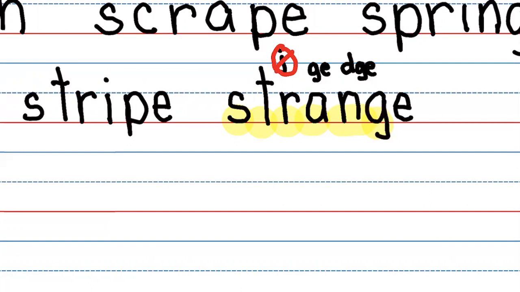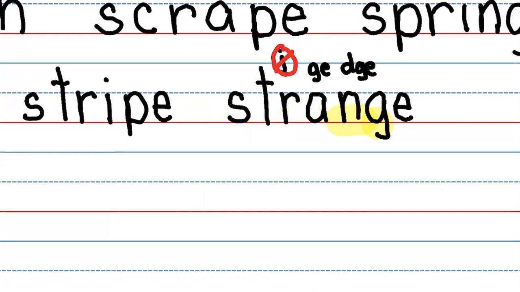GE to say strange. And this is somewhat of an unusual word because the E makes the G say J. It's actually also jumping over two consonants to make the A say A. And that's very unusual. Let's say the sounds again.